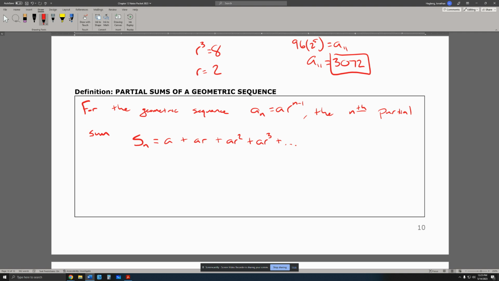Okay, all the way up to ar to the n minus 1. So that's the nth term. Okay, so this would be the partial sum.